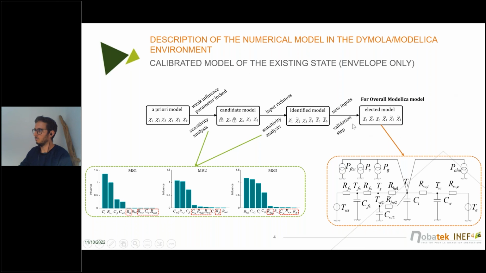And at the end, we have the selected model with the set of calibrated parameters that are the best combination to minimize this gap between model and experiment. It's quite a classical approach. But at the end, we have this calibrated model that correctly describes the behavior of the building.